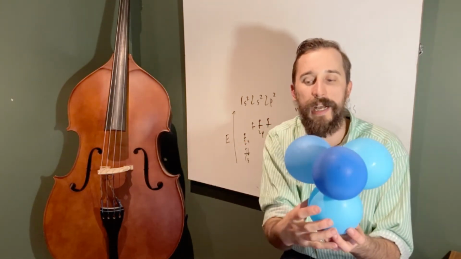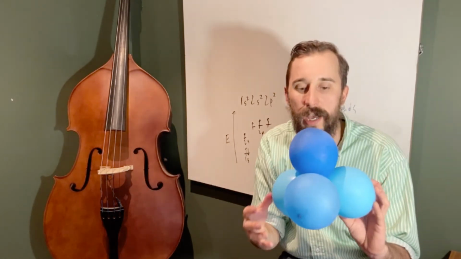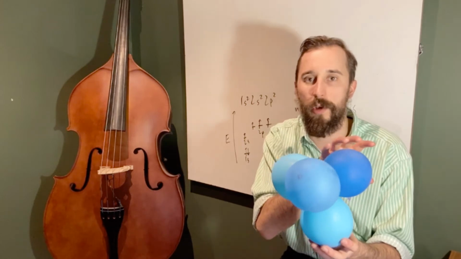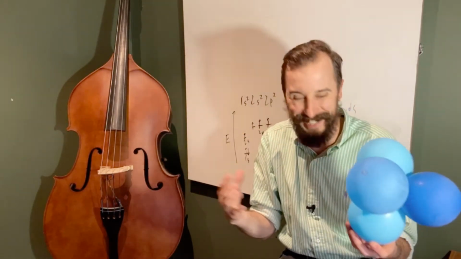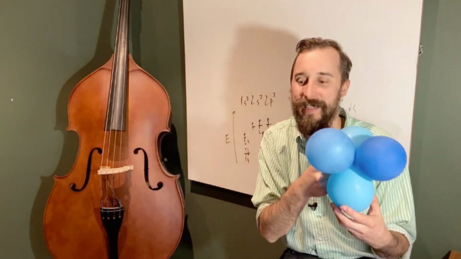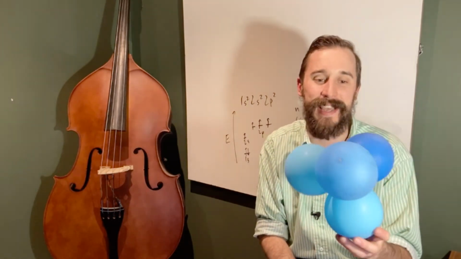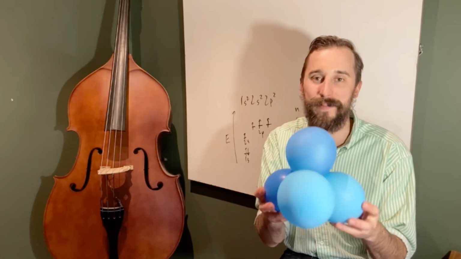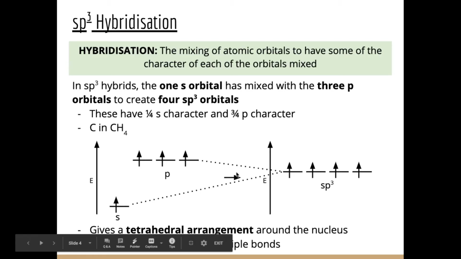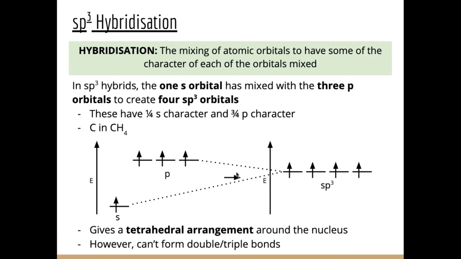These are negative charges. These negative charges repel each other. The furthest away these 4 regions of negative charge can be while still being tied by the positive nucleus in the center is in this tetrahedral shape, and this is an sp3 hybridization. It gives a tetrahedral arrangement around the nucleus.